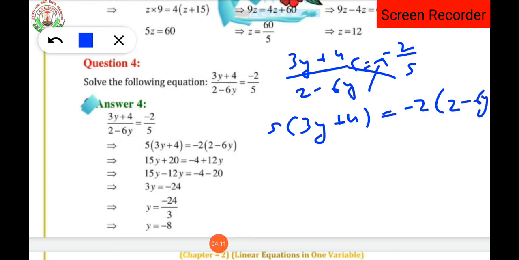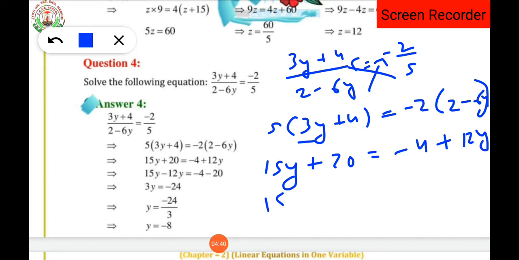Clear? Now 5 into 3y becomes 15y plus 5 into 4, 20, is equal to minus 2 into 2 becomes minus 4, minus minus plus 2 into 6 will become 12.